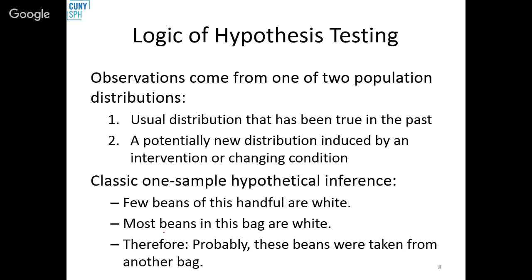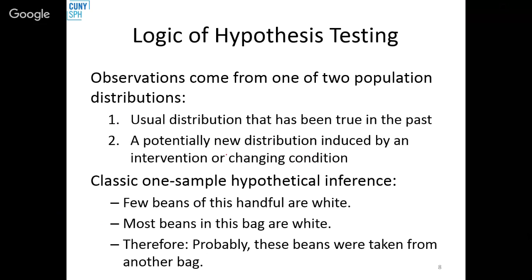The second is a potentially new distribution that is induced by an intervention or by some different condition. And we don't know what this new distribution would be. In general, we have a hypothesis about what this usual distribution that has been true in the past is.